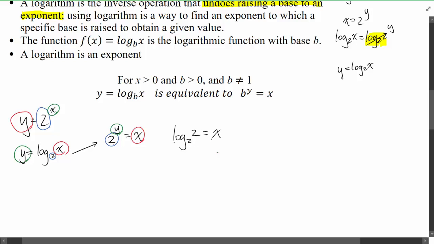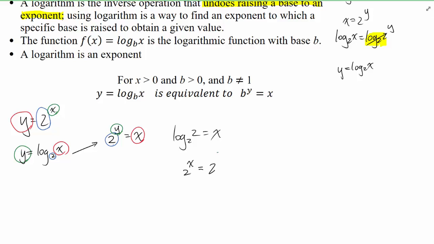Remember this rule: the base part will equal the base of the exponent, so 2. So the exponent here will equal this value, 2 to the power of x equals something. That something would be this red part, corresponding with 2. So 2 to the power of what will equal 2? Well, we know it's 1.